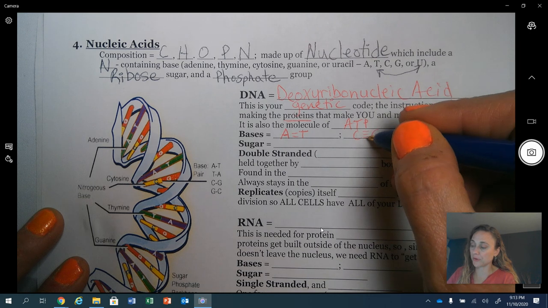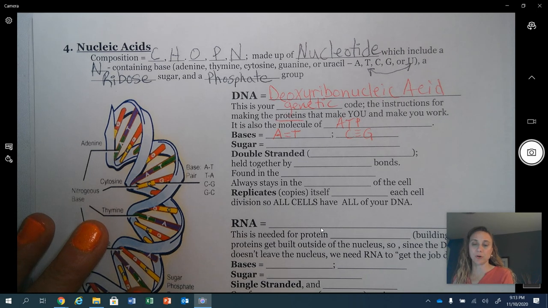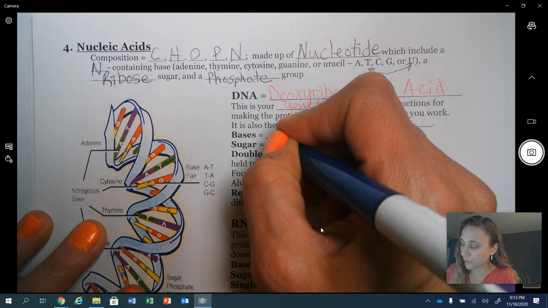So yeah, they're at certain spots, kind of like a lock and key. The cytosine only likes to line up with the guanine, and the thymine and the adenine only like to line up with each other because of the orientation and the location of those hydrogen bonds, really. So yeah, we got sugar here, in this case, deoxyribose.